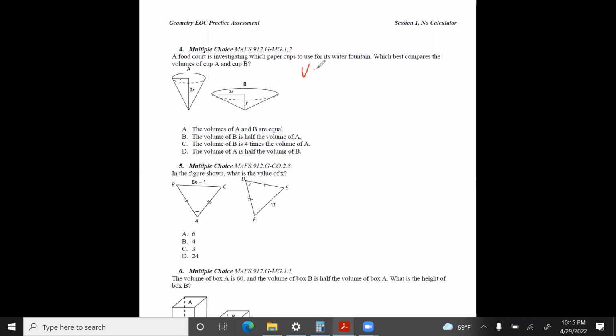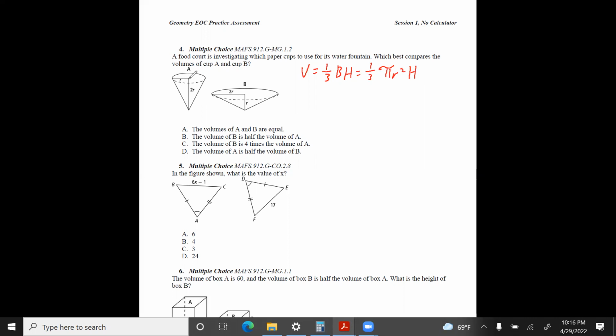So we're going to use our formula for a cone, which is 1/3 base area times height. Or if we want to be a little more specific, 1/3. The base area on this one is a circle, so pi r squared. And then again, times height. For these, we have a height and a radius given to us in terms of r on both of these.